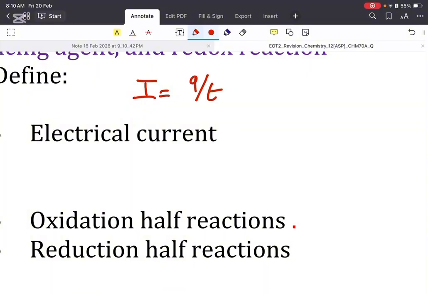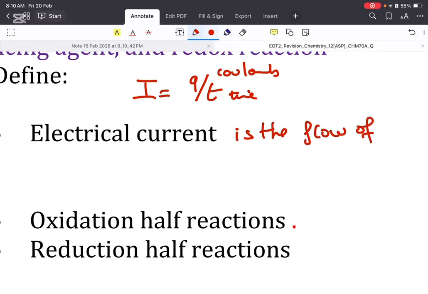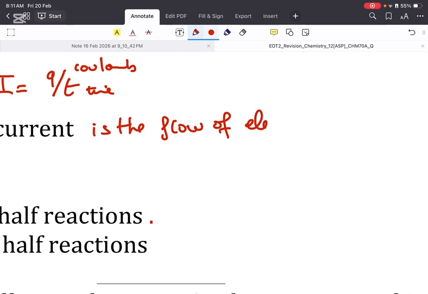It's the charge per time. It's the charge in Coulomb per time in seconds. Now, as a definition, electrical current is the flow of electric charge.